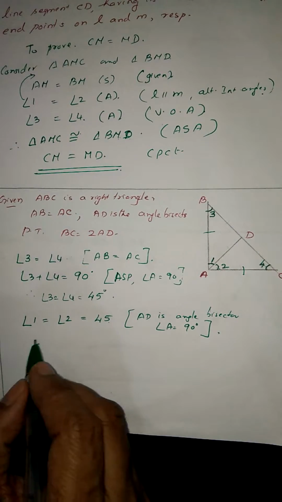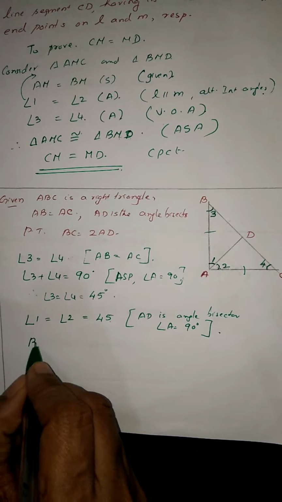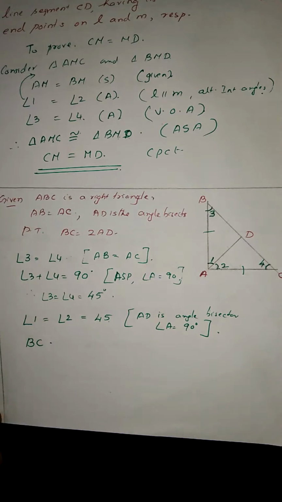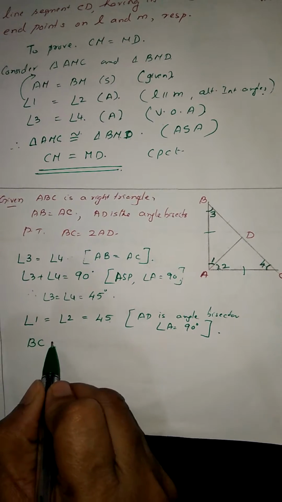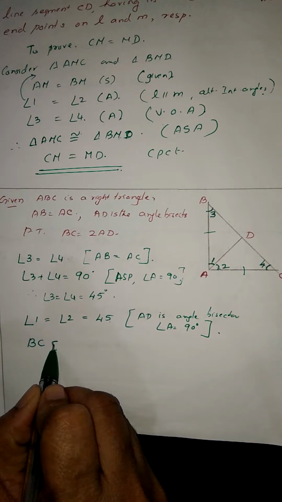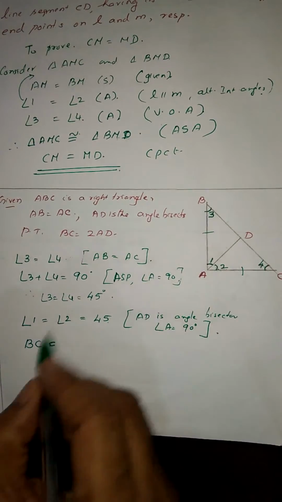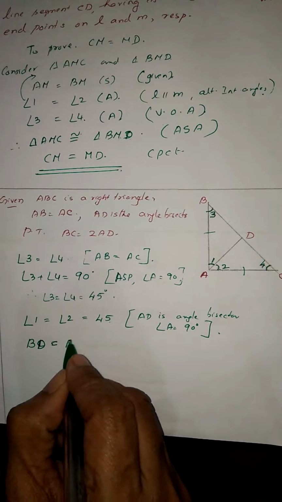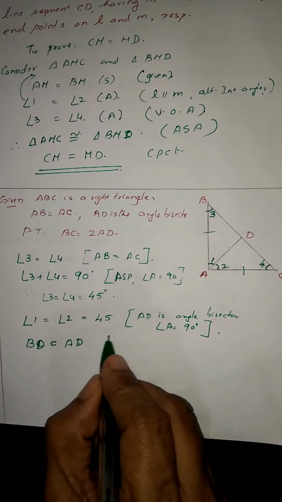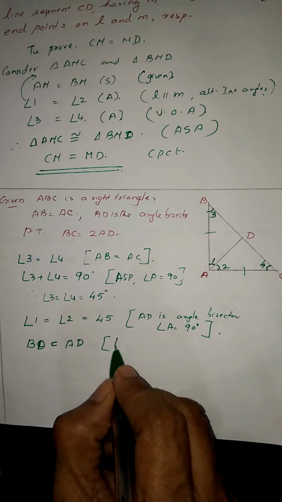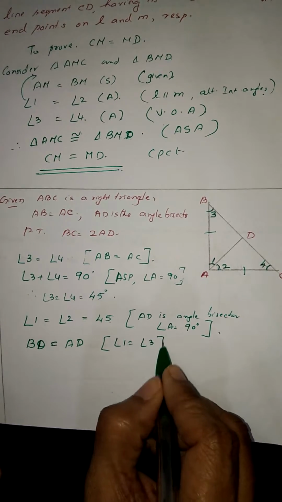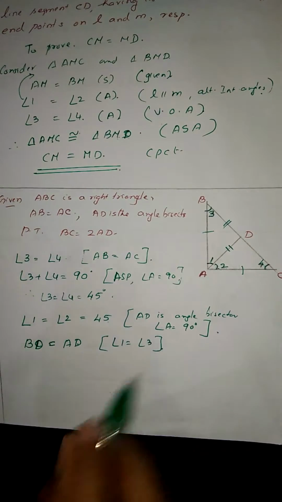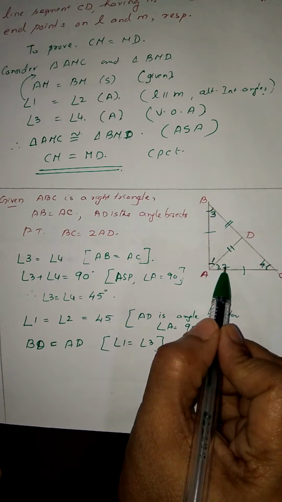So I can write it as BD is equal to AD. The reason is angle 1 equal to angle 3. And similarly these two are equal.